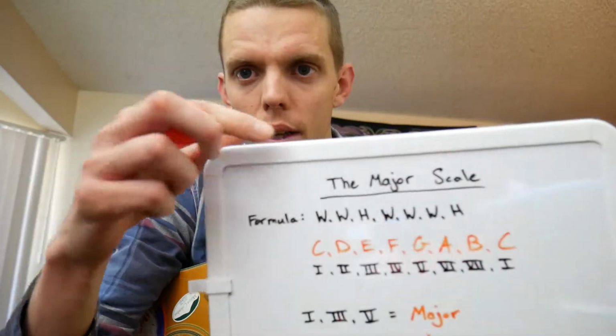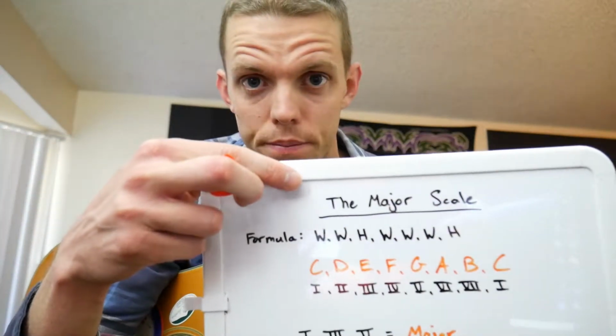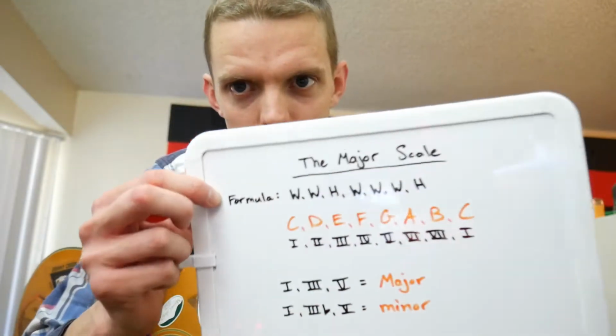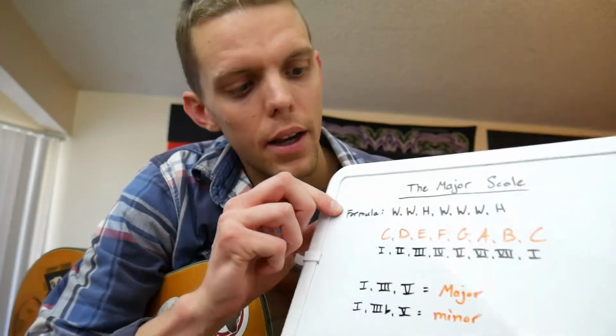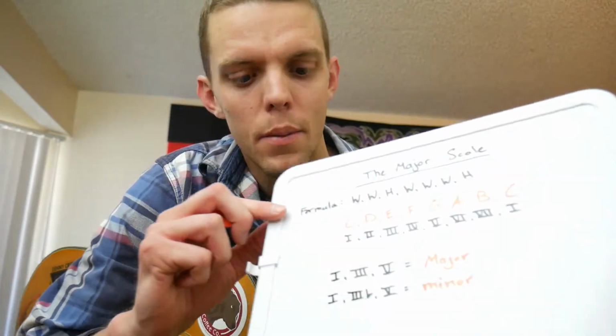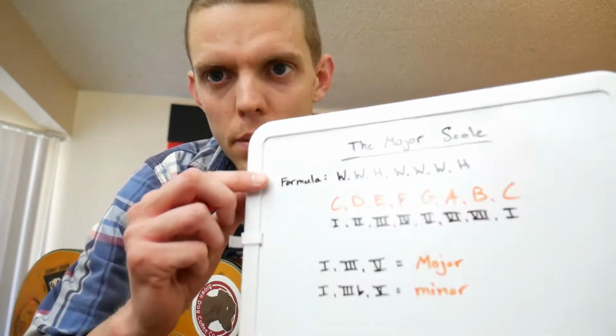So if you have a little music theory notebook by now, that would be cool. We're going to take a look at the major scale. There is a formula for the major scale, and I just wrote W's and H's, but they stand for whole steps and half steps.